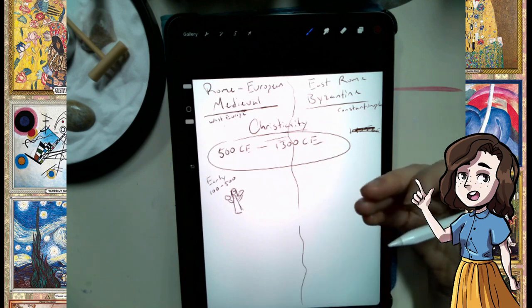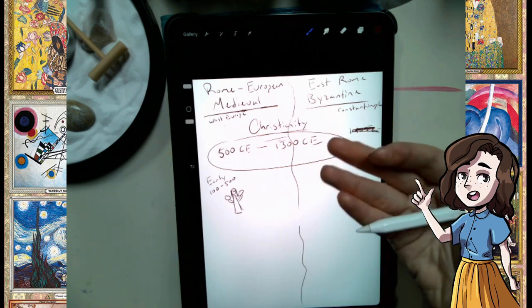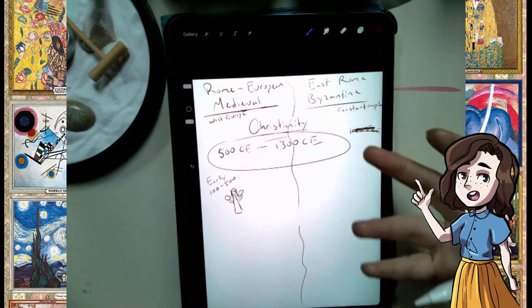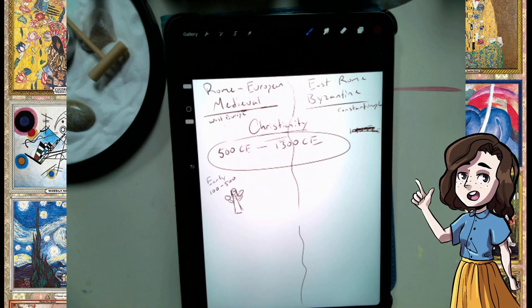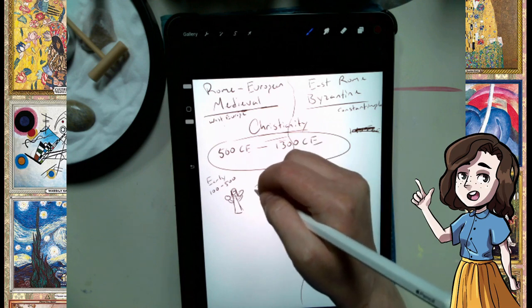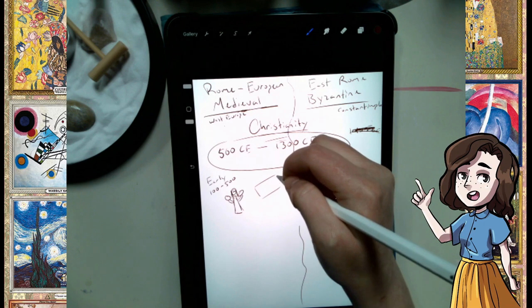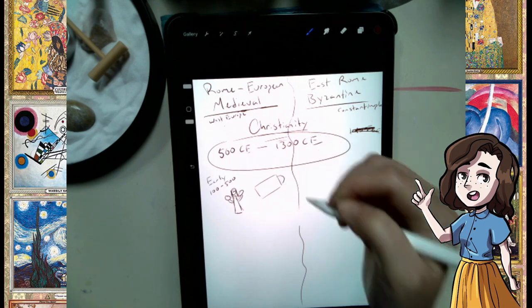They're not allowed to worship. If you do not worship the Roman pantheon under the Roman Empire, then you are seen as not a citizen, and you don't get the benefits, the rights, and the care of other Romans.